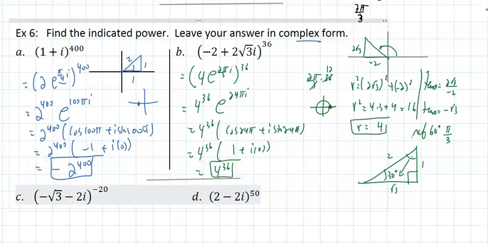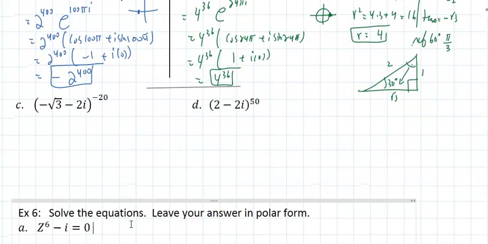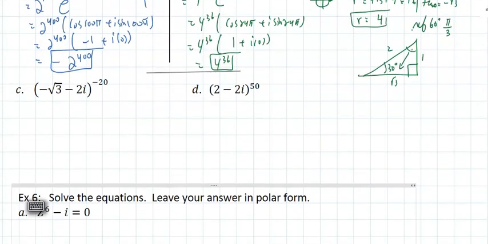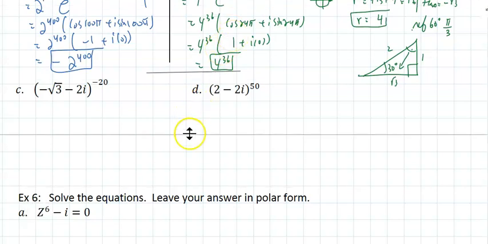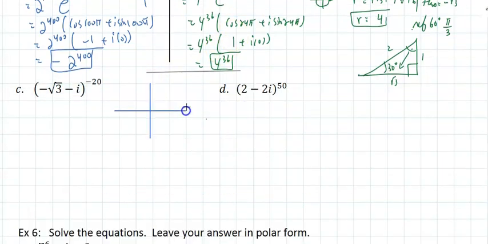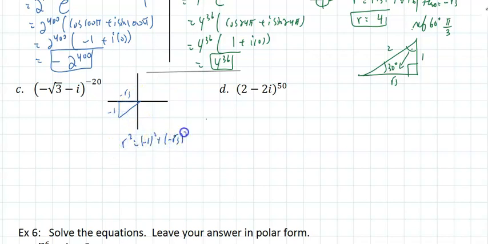If I move to the next problem down, so if I take negative radical 3, -1, r squared equals (-1) squared plus (negative radical 3) squared, r squared equals 4, so r equals 2.